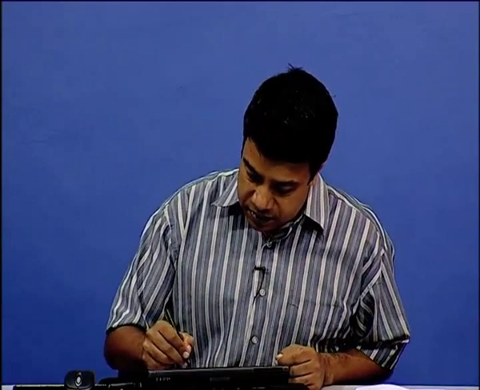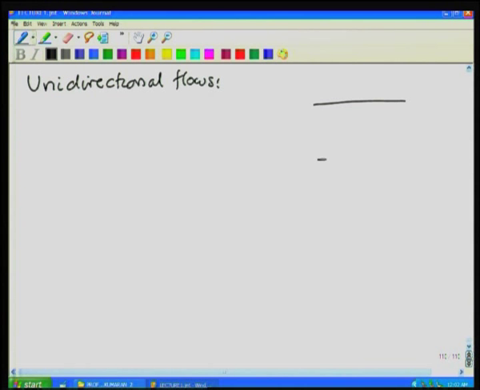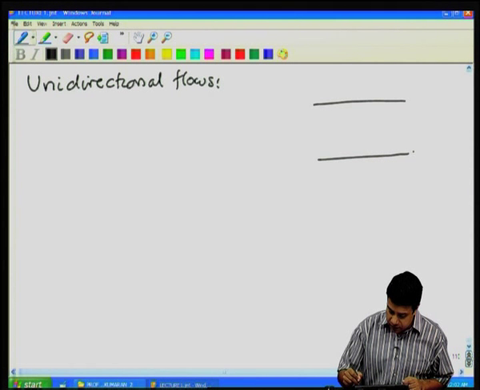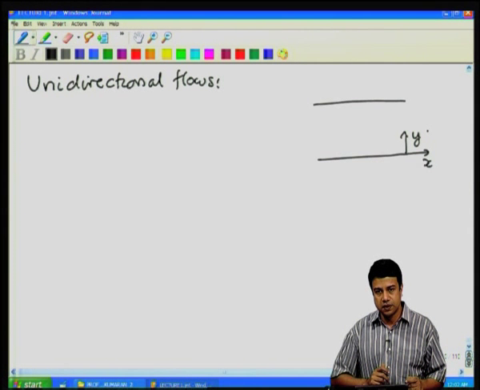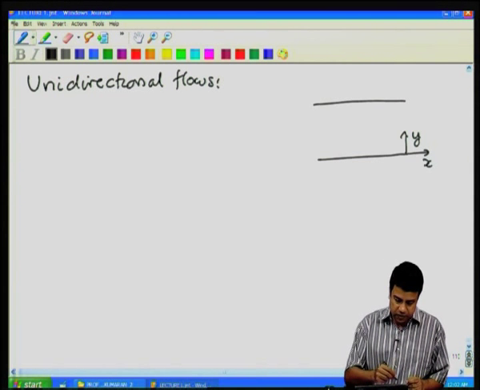The simplest case is the flow in a channel. So, let us take this as the x direction, this as the y direction. Consider this as a two-dimensional channel which is effectively infinite in the third dimension.